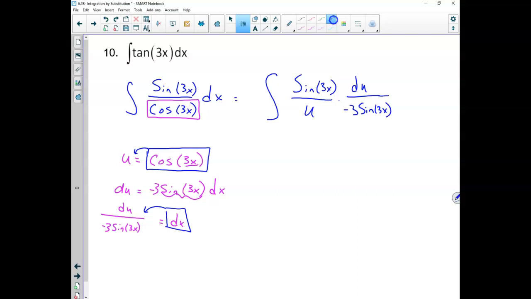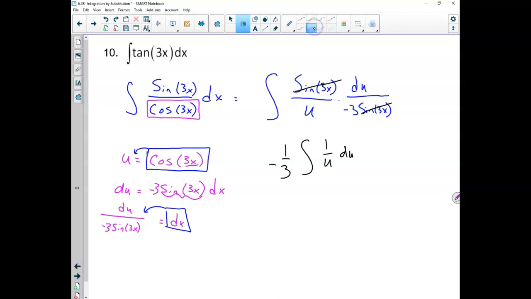And as I reduce my integrand, I can see this sine 3x and this sine 3x goes away, which actually means I have a constant of negative 1/3 integral 1 over u du.